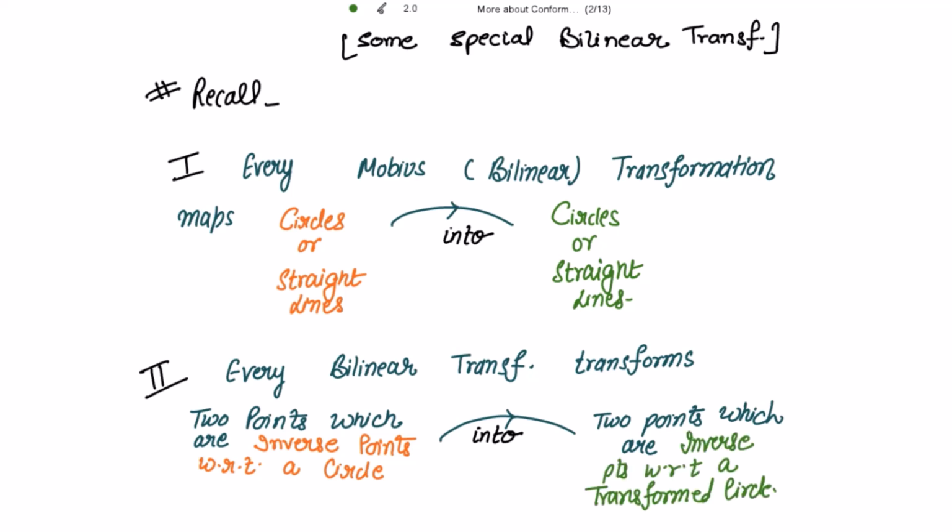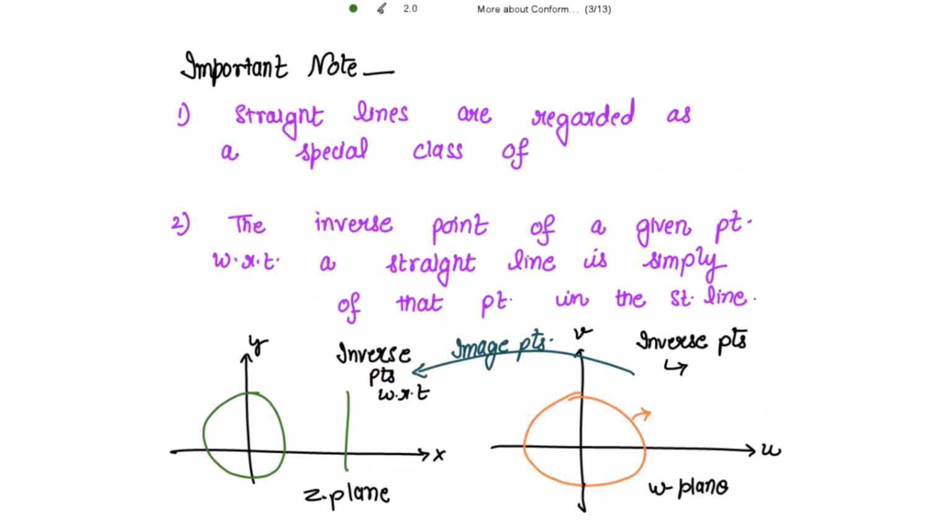Right? Okay. So in this connection, it is very important to know that straight lines are regarded as a special class of circles. And the inverse point of a given point with respect to a straight line is simply the reflection of that point in the straight line, right?